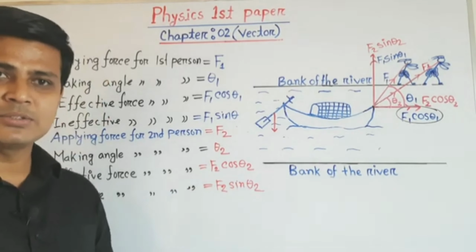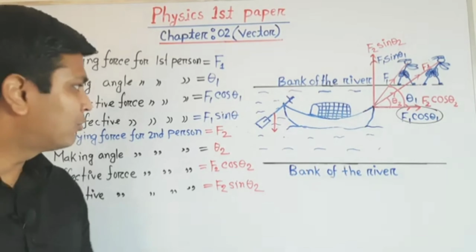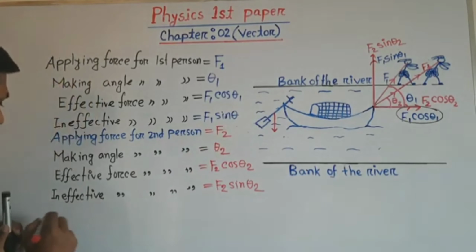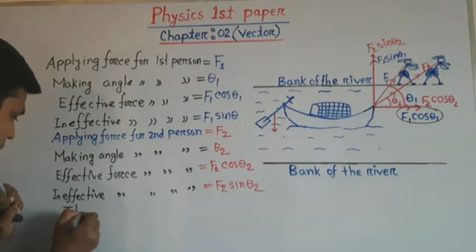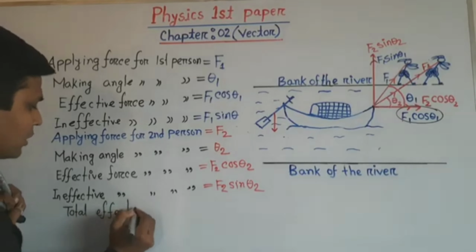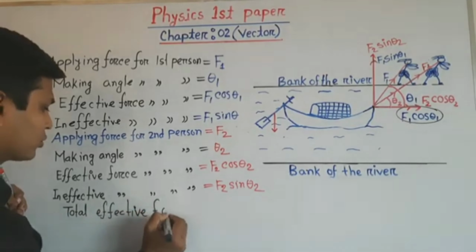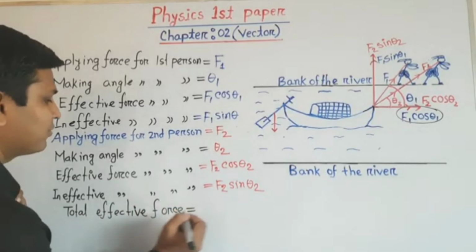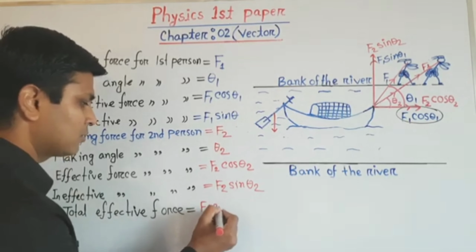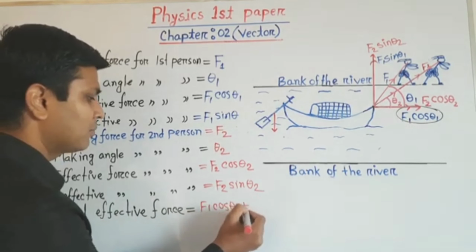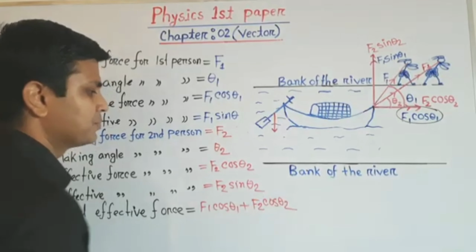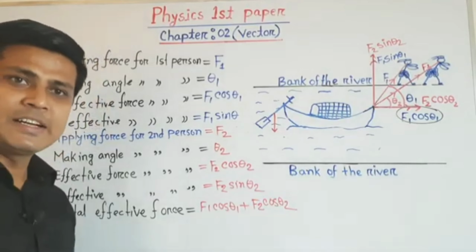So what will be the total effective force? F1 cos theta 1 plus F2 cos theta 2. So we can write here, the total effective force will be F1 cos theta 1 plus F2 cos theta 2.